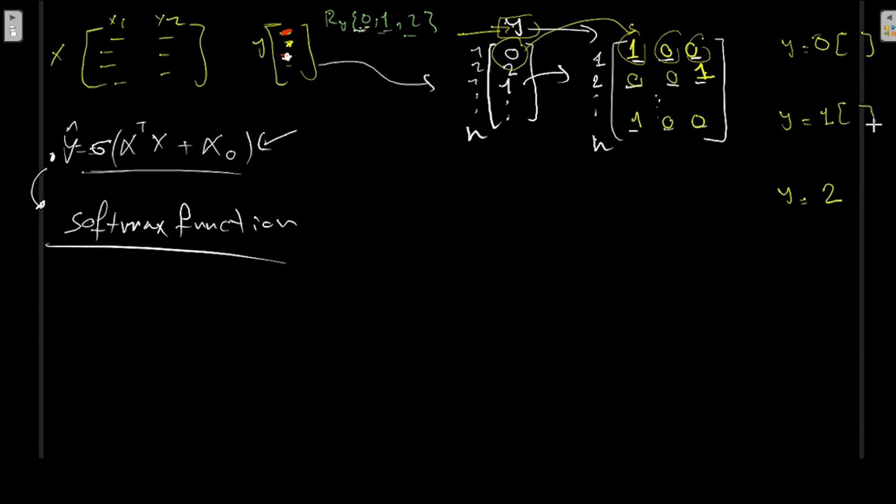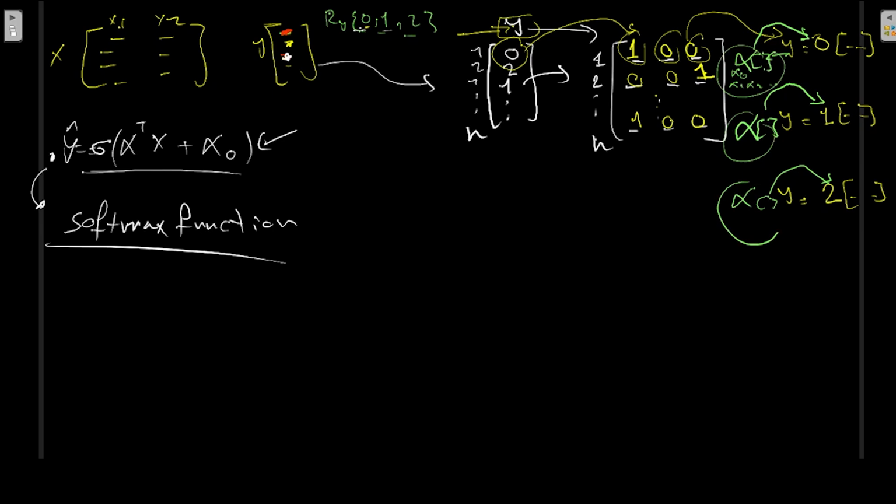The idea of multi-class logistic regression is to design an alpha vector that can guess if my class is 0, another alpha vector that can guess if my class is 1, and another that can guess if my class is 2. It's a kind of enhancement on the framework. It is not something new, and mathematically it's not that complex.